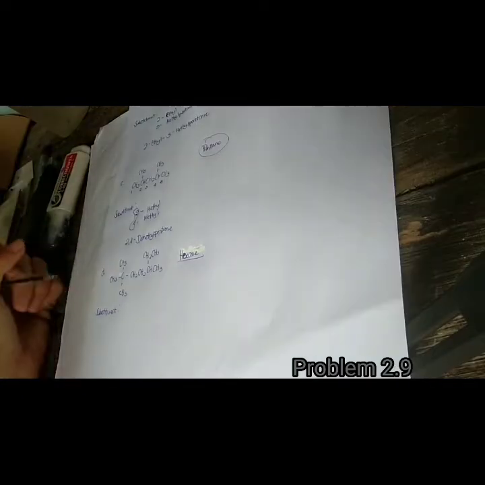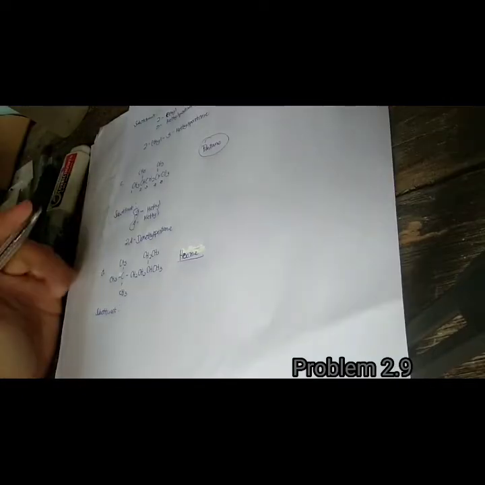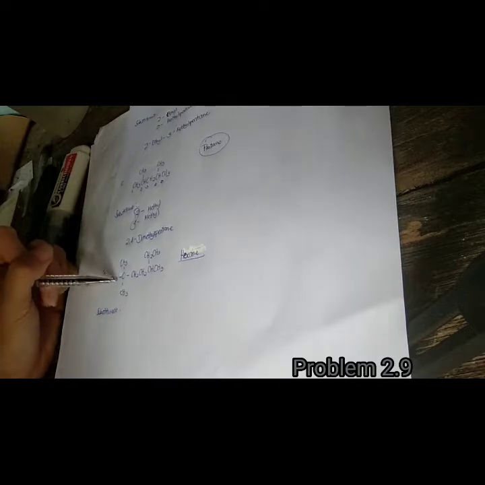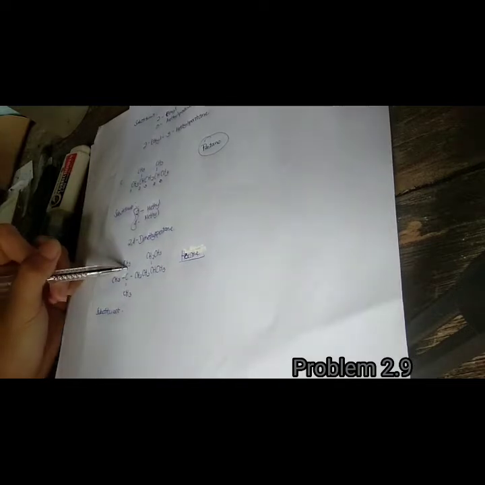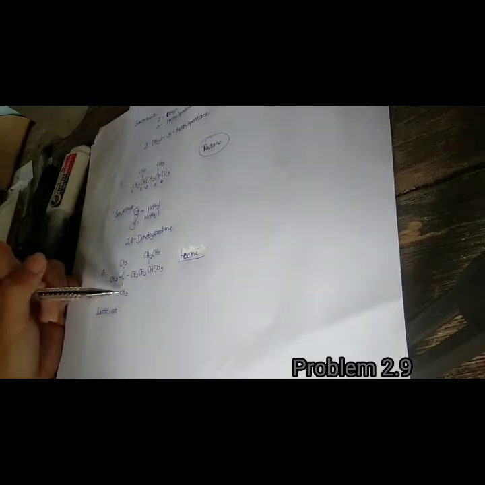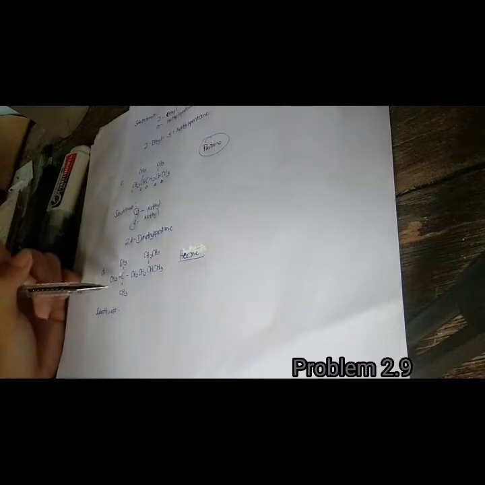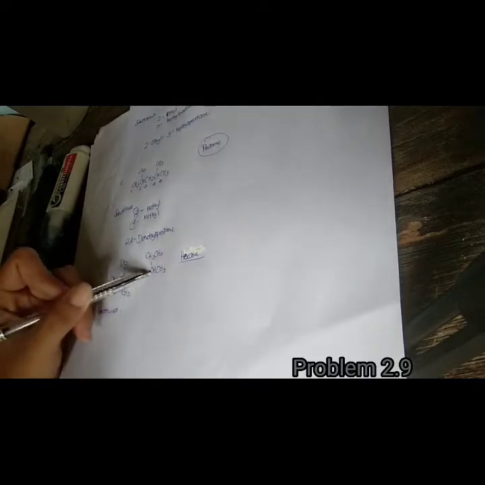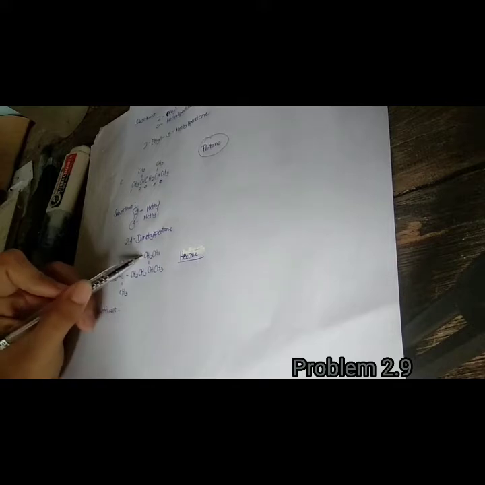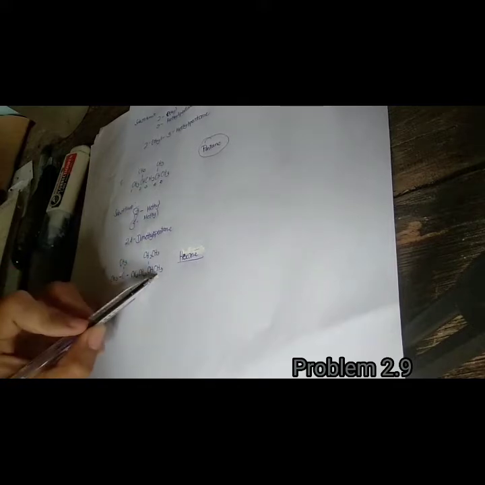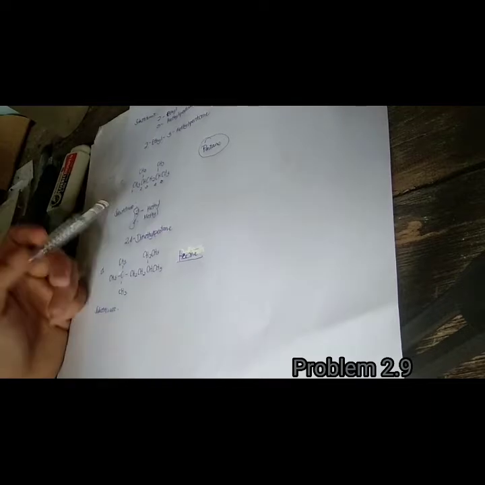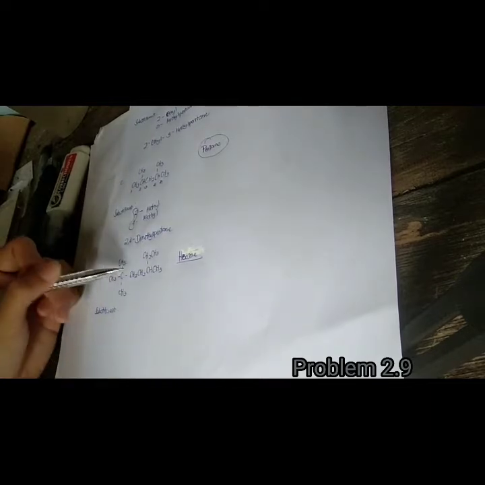So let's proceed here to the next one. The given is CH3, C, with an alkyl up here, CH3, an alkyl down here, CH3, and then CH2, CH2, CH, an alkyl also here, CH2, CH3, and then CH3. We will count the longest chain: 1, 2, 3, 4, 5, 6.